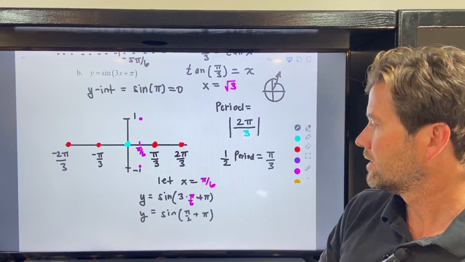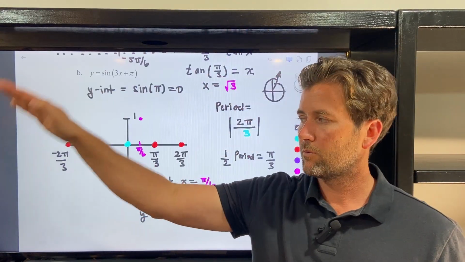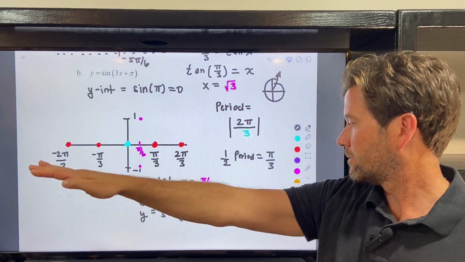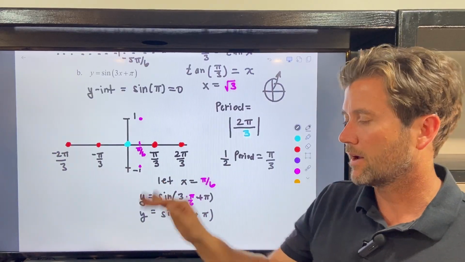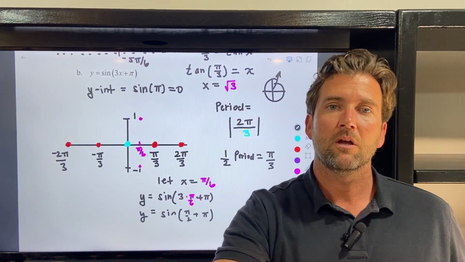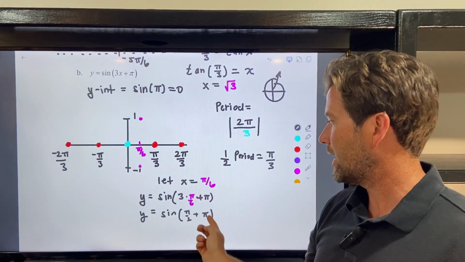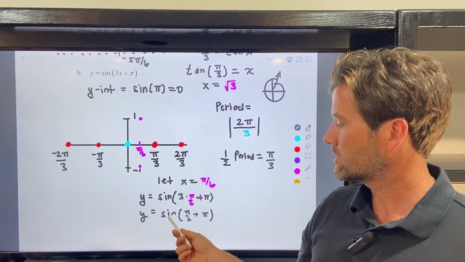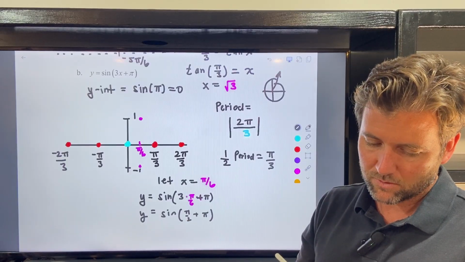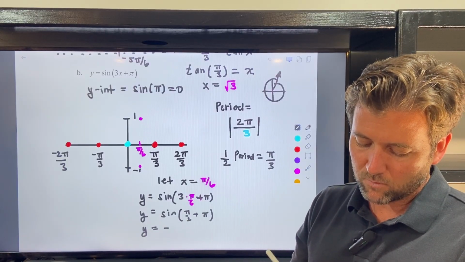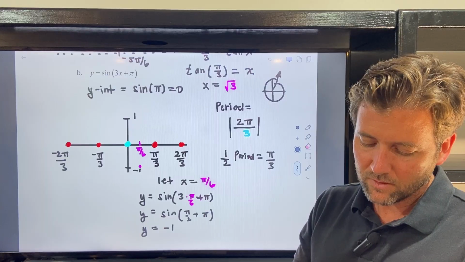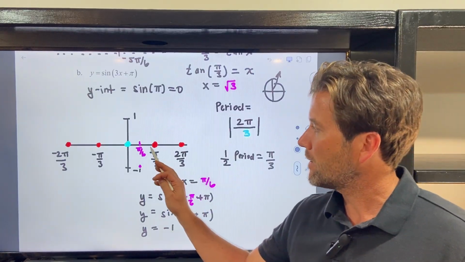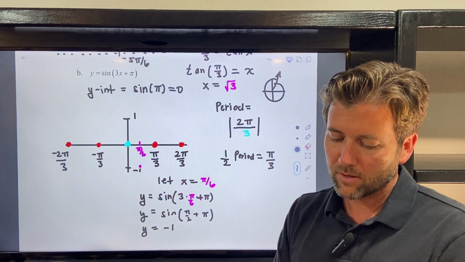Okay. Here's pi. Plus half a pi, which is here. Maybe I should have done this. Pi over 2 is there, and you add pi, then you end up down at 3 pi over 2. The sine of 3 pi over 2 is -1. So we just figured out when you plug in pi over 6, the output's -1.